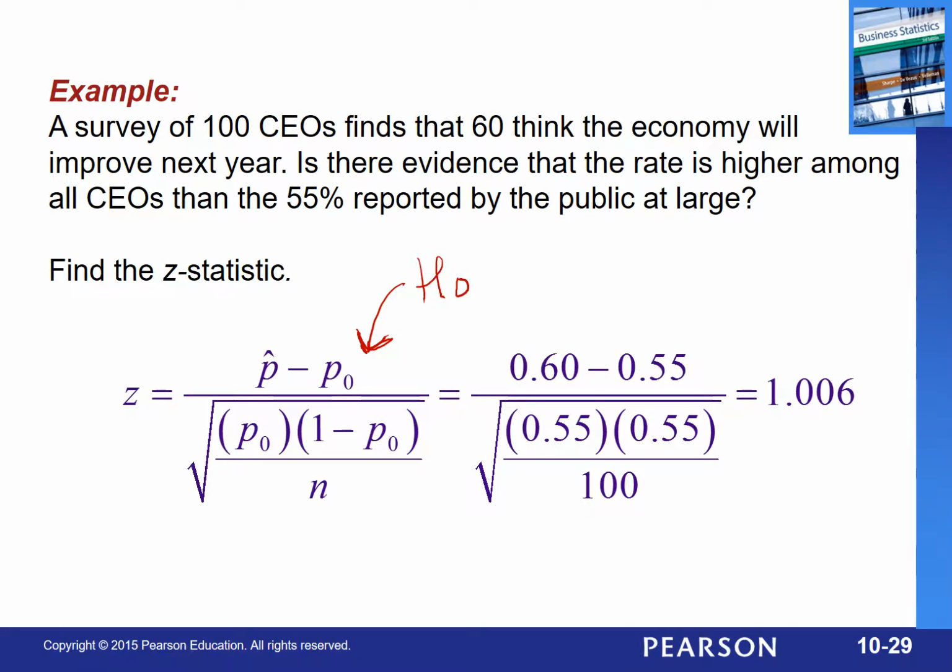Let's find the test statistic, or the z-statistic. If you're wondering where the p0 comes from, it comes from your null hypothesis. As you approach finding the test statistic, you're going to use the null to find your standard deviation and your test statistic, the values that help you make the model. So we just do some calculations.